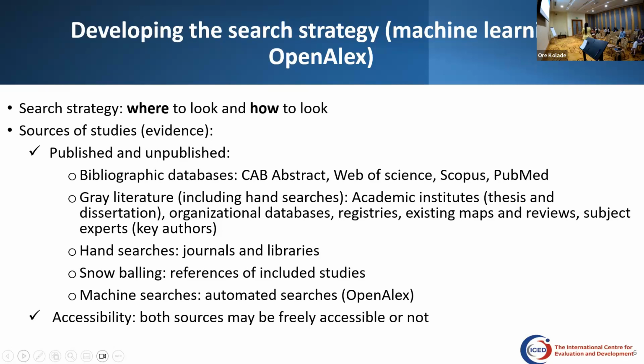Depending on the sector you find yourself in, whether health, agriculture, or nutrition, you know the databases where you could go to find the papers you are searching for. Because of what we had specified to do, we only concentrated on CAB Abstracts, Web of Science, and Scopus, PubMed. Then I went through to the grey literature search.